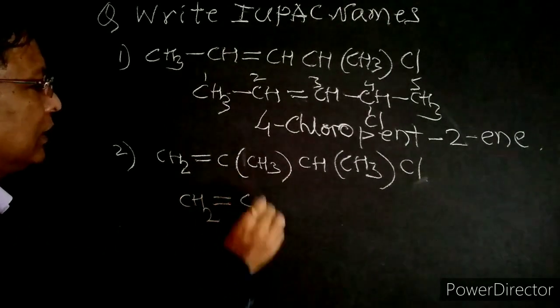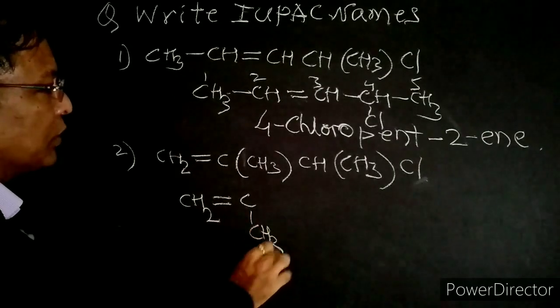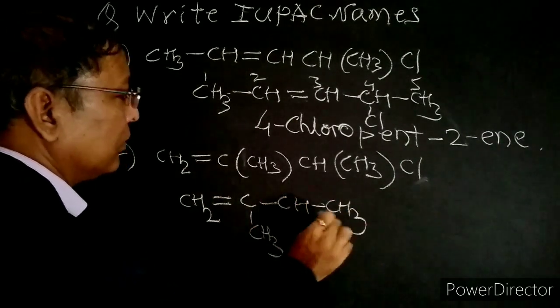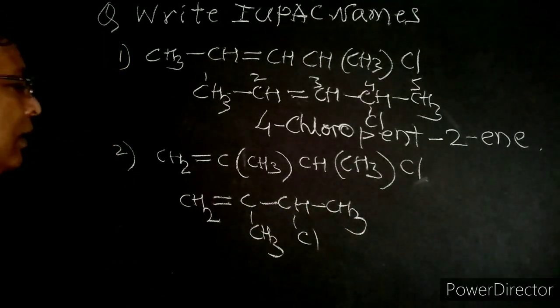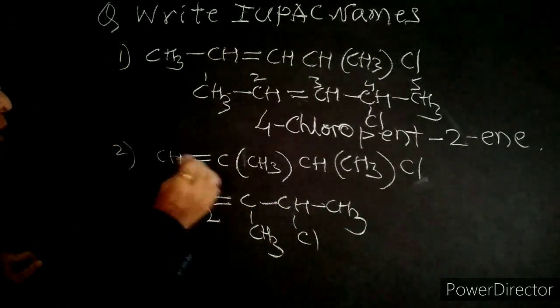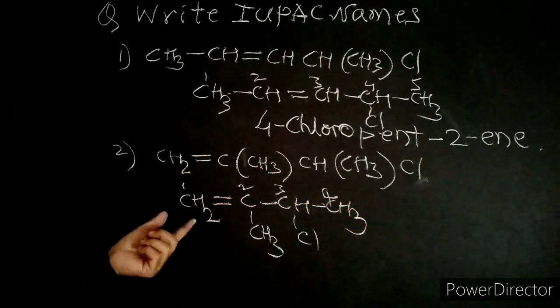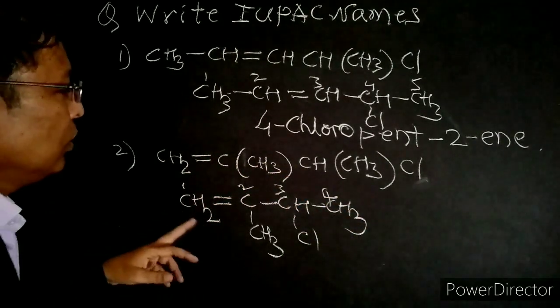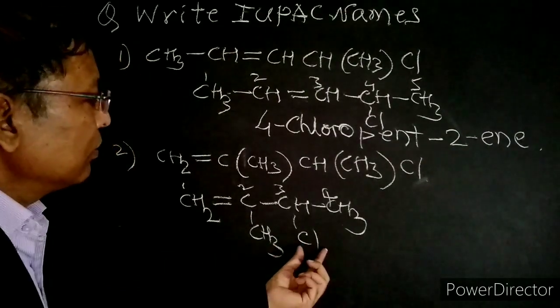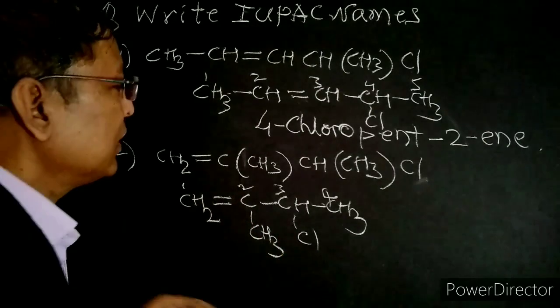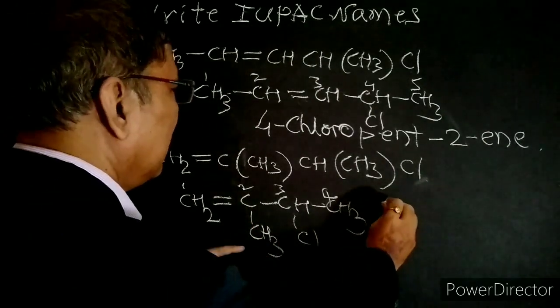In this example, CH2 double bond, see, this is the substituent CH. I write CH3 here and Cl here. We have to start numbering from the left side because the double bond is close to the left side. So there are two substituents, chlorine and methyl group. Alphabetically, C comes first, therefore I should write 3-chloro.